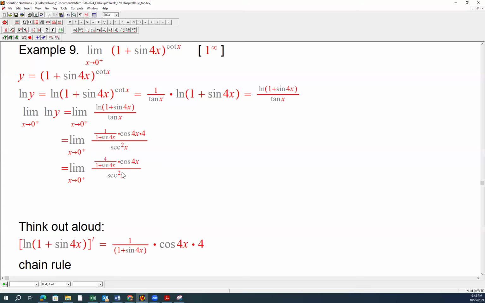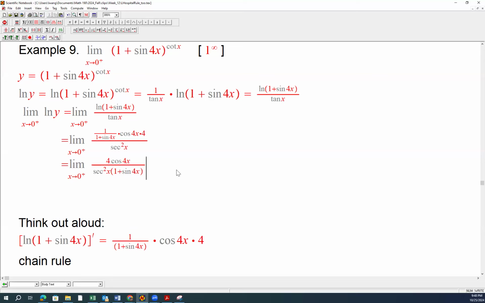Cosine 4x stays where it is. And we can bring this guy under. There. So this is just before. All right? So x approaching 0. And then what?